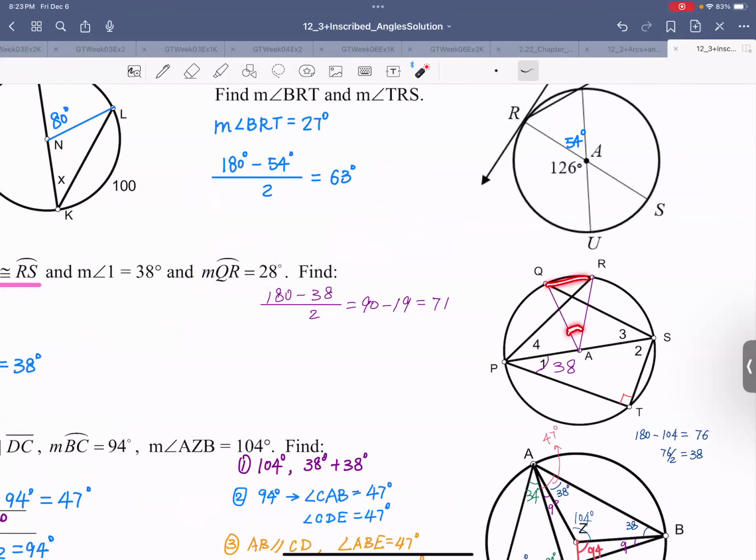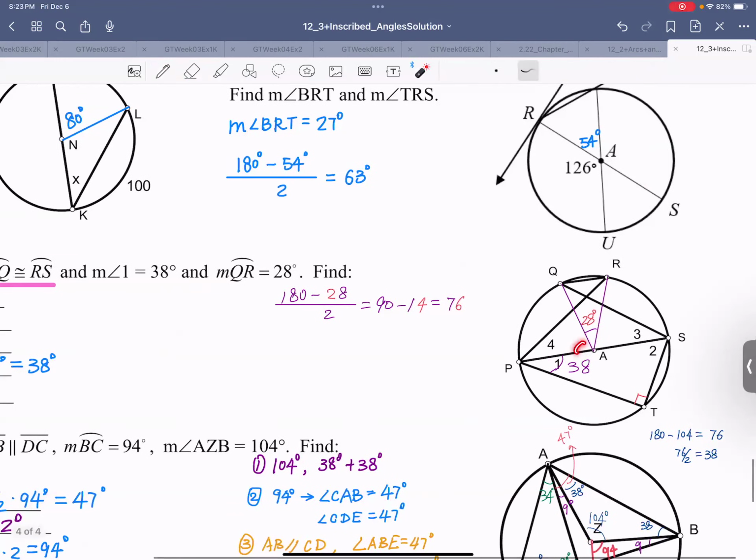QR is 28. This is 28. Fix it. This is 28 degrees, right? Then it's supposed to be 76. So this is 14, and then minus that will be 76. Then we will write down here 76, 76.